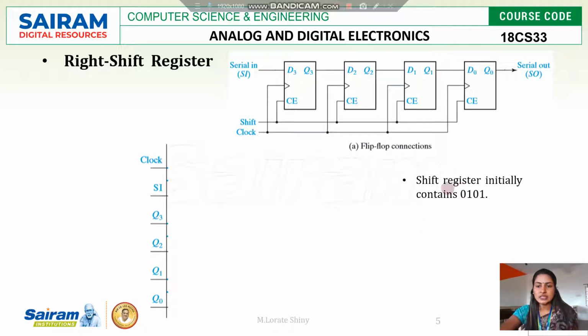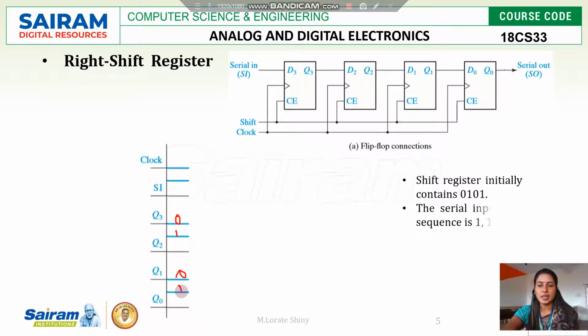Okay. The shift register initially contains 0, 1, 0, 1, meaning Q3 is 0, Q2 is 1, Q1 is 0, Q0 is 1. You can see here, this is 0, this is 1, this is 0, 1. Okay. And the serial input is 1, 1, 0, 1.